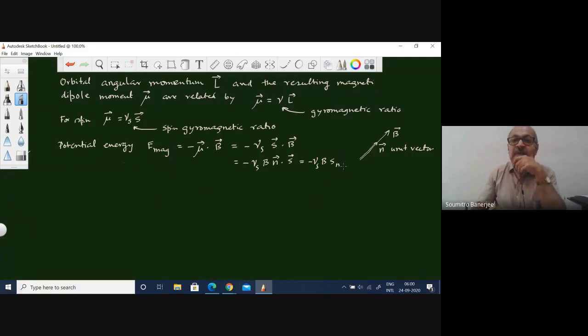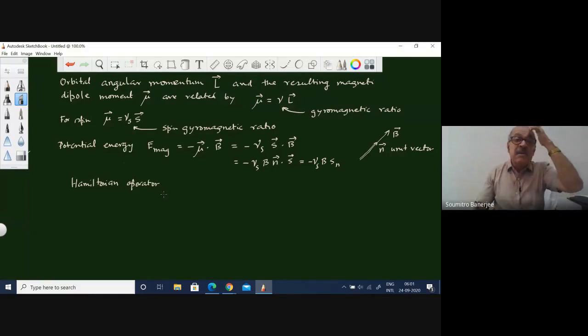So Sn is the component of the spin in the direction of the magnetic field. So the Hamiltonian operator in this case will be... we are not considering a moving particle, so we will not consider the kinetic energy part.